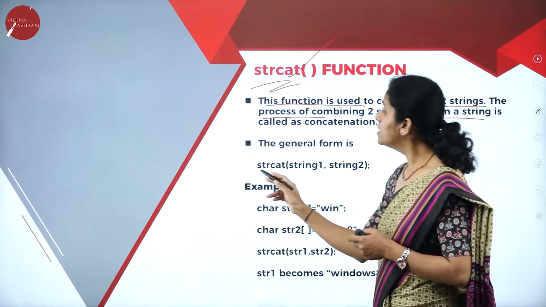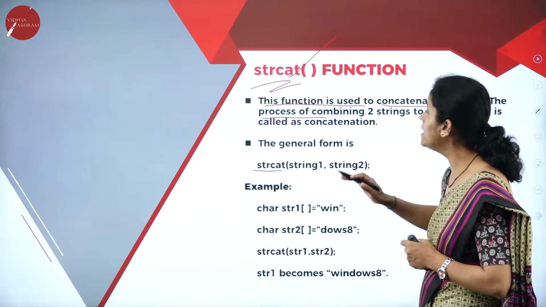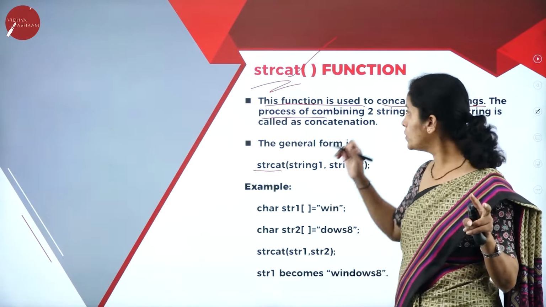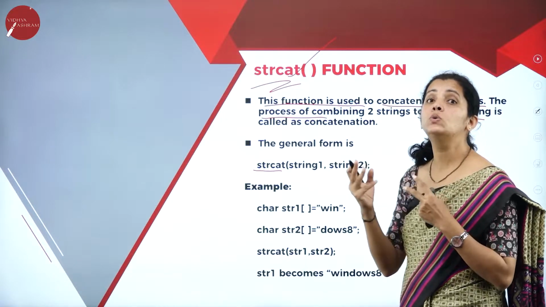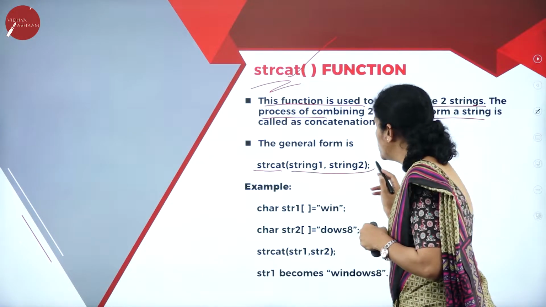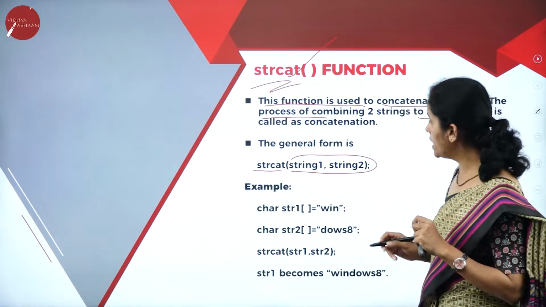So here I'm going to use the function strcat, and I'm going to pass two variables. It's going to accept two variables because it's going to combine two strings to form one single string. For that reason, it's going to take two arguments or two variables.